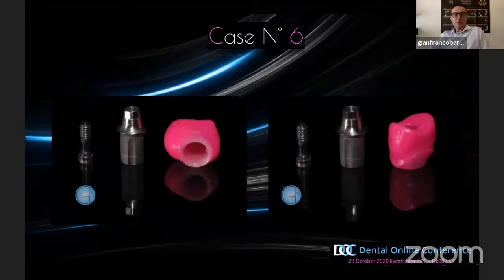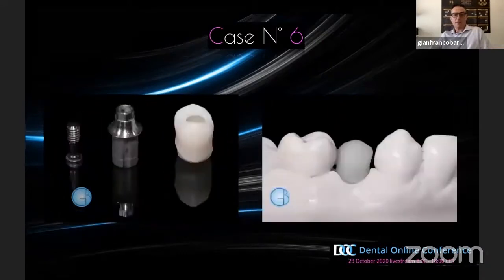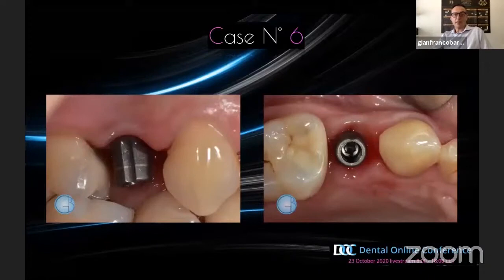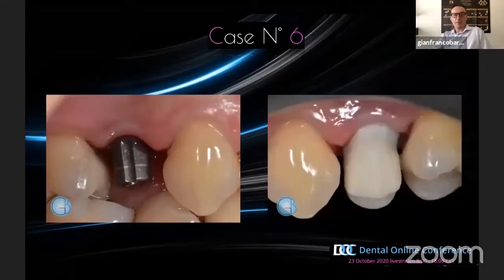Completed the wax-up, we can see the plastic that fits very, very well. This piece is processed by the press oven, and then tested on the model and in the mouth.